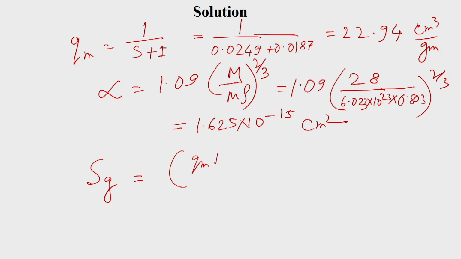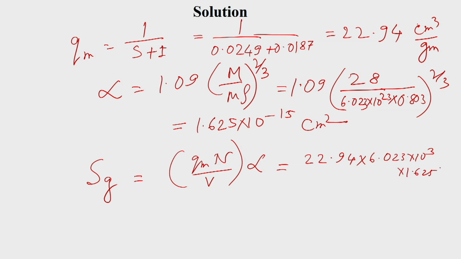So Sg will be equal to Qm into N by V into alpha. That will be 22.94 into 6.023 times 10 to the power 23 into 1.625 times 10 to the power minus 15, divided by 22,414, which is the molar volume.